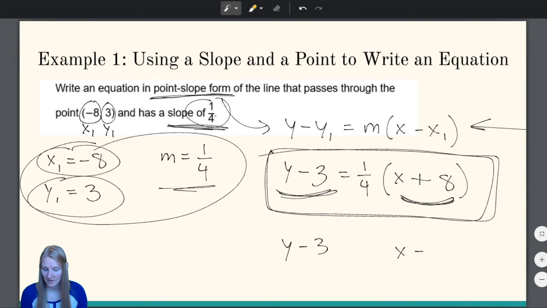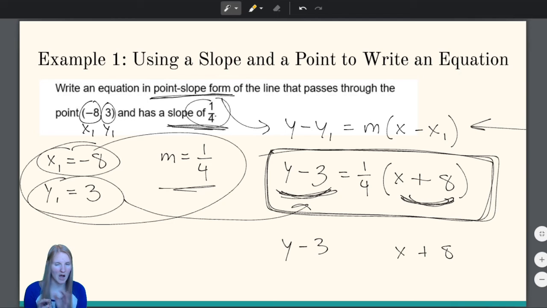And because I have x minus x1, if x1 is negative, minus a negative is positive, so I have x plus 8. And if that was confusing, don't worry about it. I just wanted to make sure that you understood that even though they're kind of opposites, we still are doing things correctly.